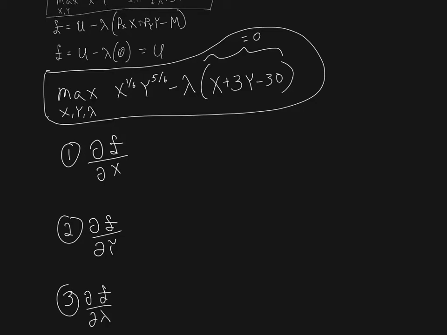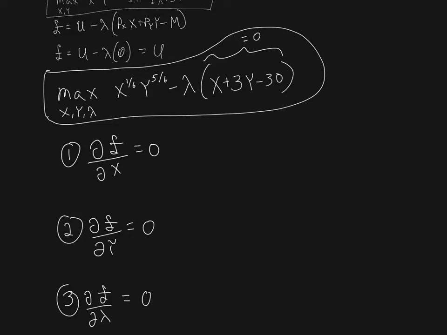All right? Because we have these three variables which we are maximizing with respect to. And you set each of these first order conditions equal to 0. And when you set all these equal to 0, then you have found the combinations of x, y, and lambda which will maximize the utility function subject to the budget constraint.